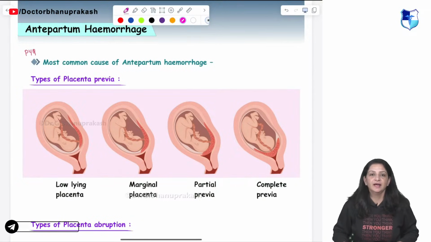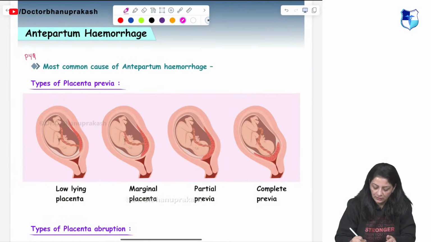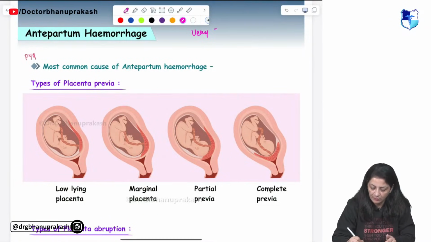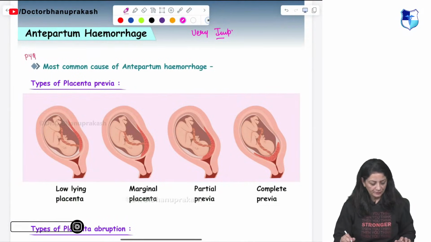Next topic, antepartum hemorrhage. Very important, your question is sure from this. What is the meaning of antepartum hemorrhage?